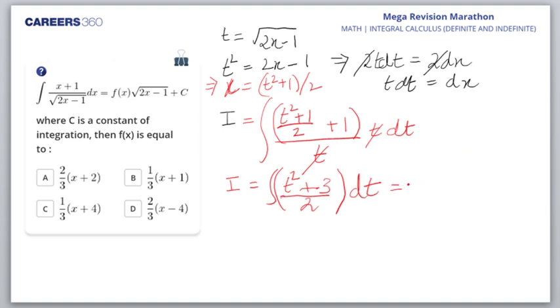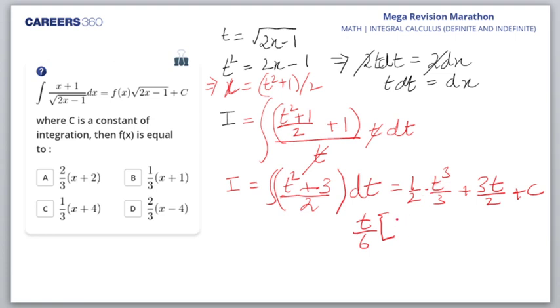Now, I integrate it. So t squared integration, 1 by 2 is already there, t squared integration would be t cubed by 3. 3 by 2 integration would be 3t by 2. Okay? And because of indefinite integration, I'll have c. Then I'll take t by 6 common in it. If I take t by 6 common, what do I get here?